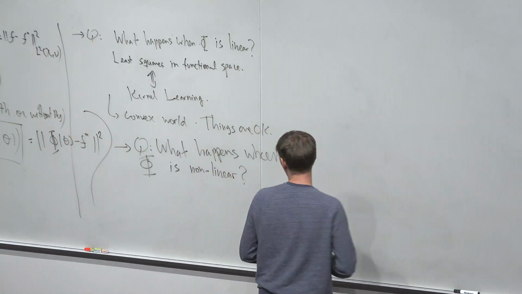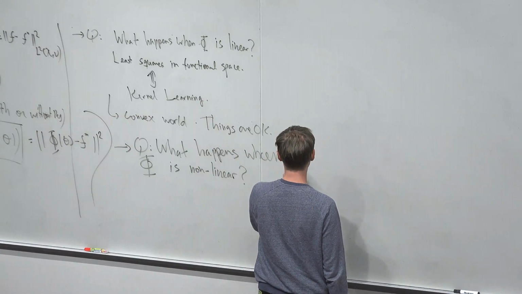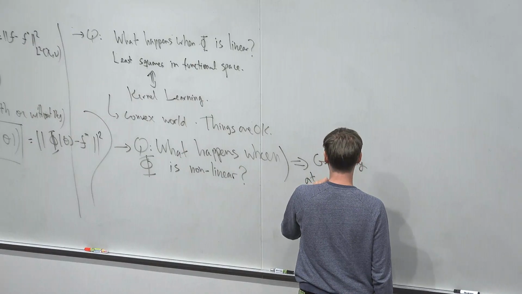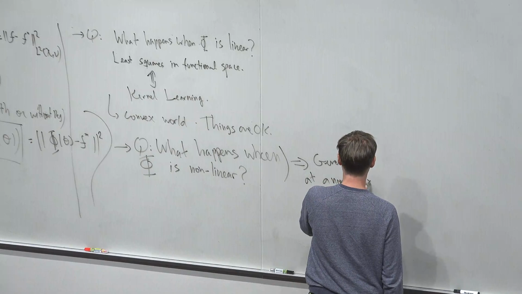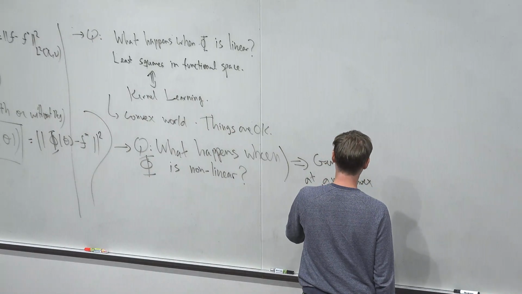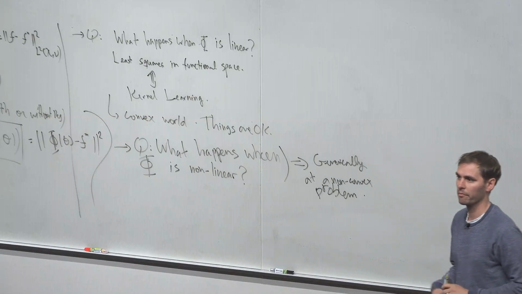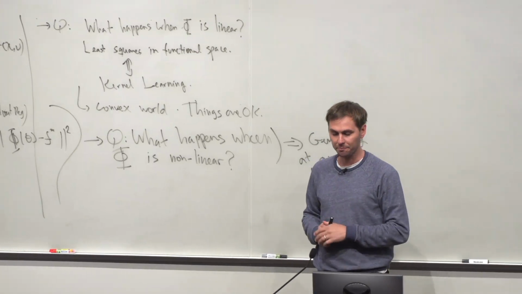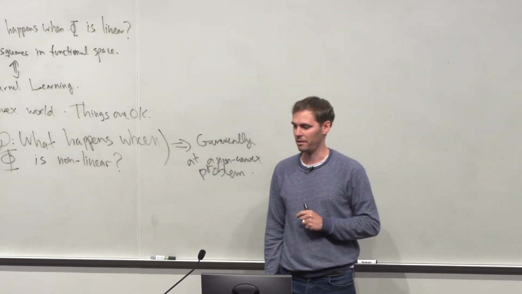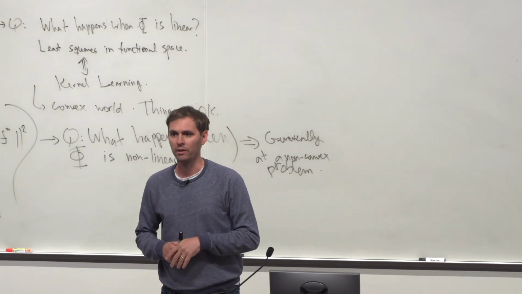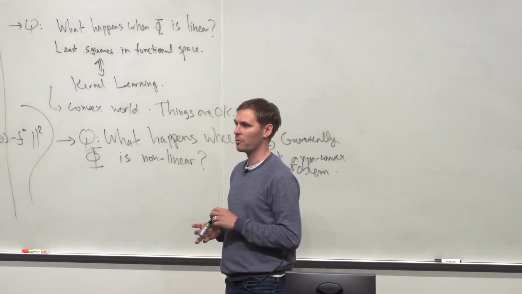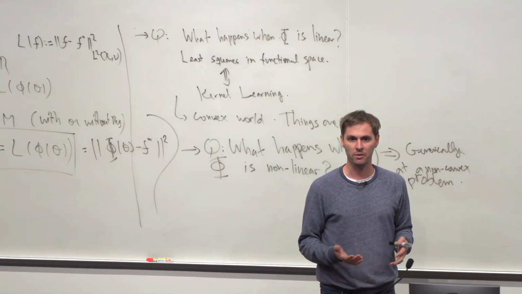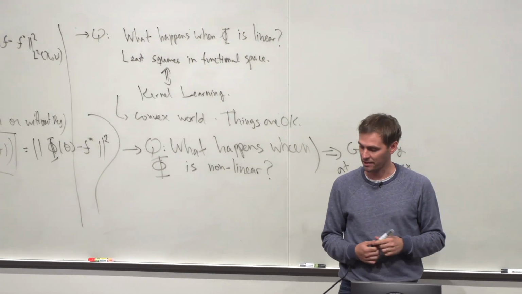But the main consequence is that, generically, we arrive at a non-convex problem. This should not come as a surprise, but one of the main reasons why optimization is so crucial within the study of deep learning is precisely because we have to deal with this non-convexity.